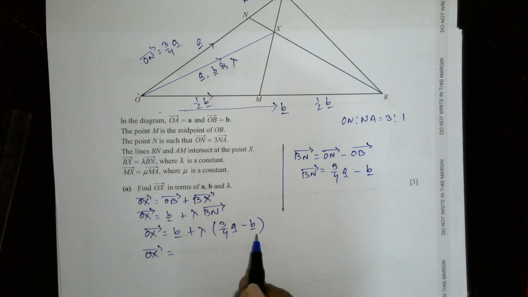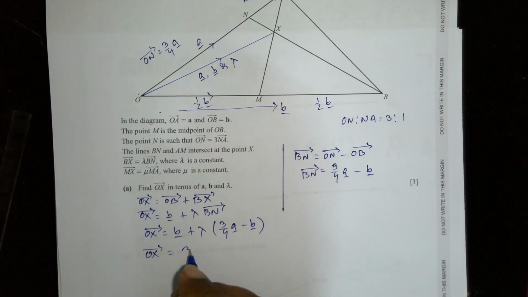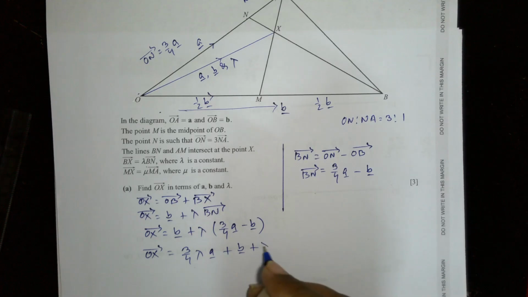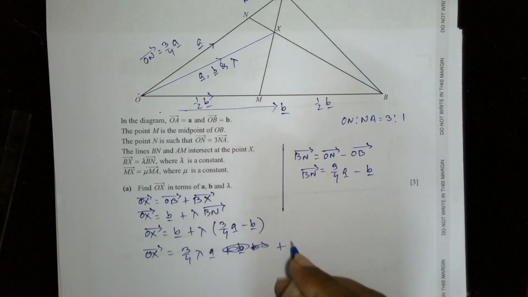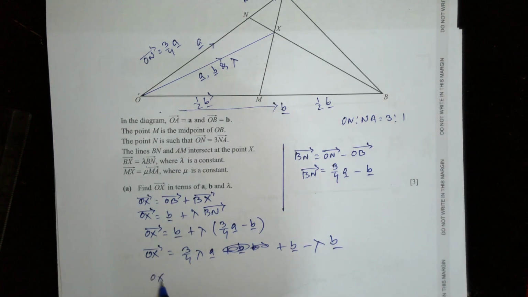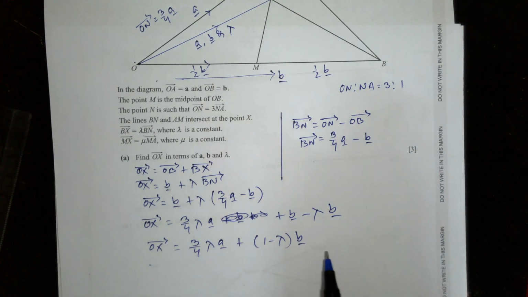I want B as one single vector variable with its constant coefficient. So OX is equal to 3 over 4 lambda A plus (1 minus lambda) B.